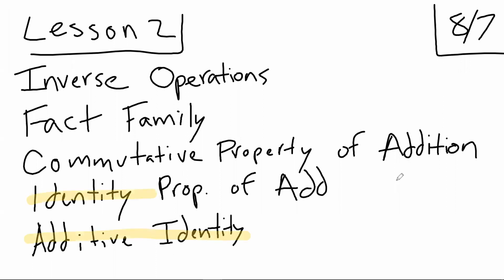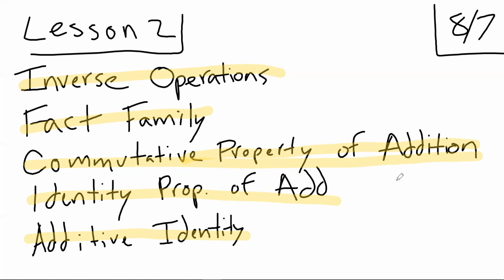I'll highlight those because I like color coding. So those are 5 of your words to get written down. And then we also have commutative property of multiplication. We have property of multiplication. We have 0 for multiplication.